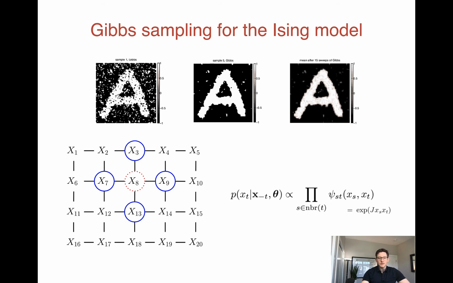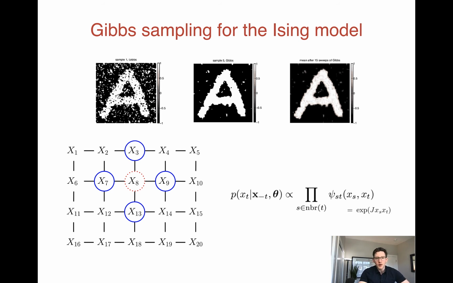That would be 2 to the power of 256 times 256 in the case of a 256 by 256 image. 256 squared is the number of pixels, so the number of assignments we would have to sum over is 2 to the 256 squared. And that's, of course, even more unreasonable than running variable elimination.